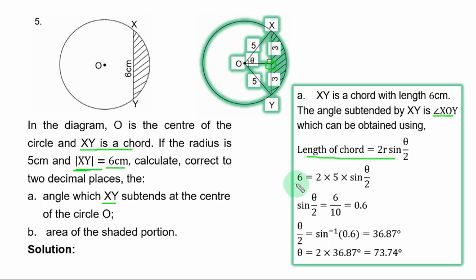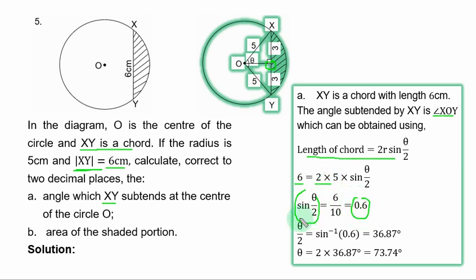Length of chord, 6, is equal to 2 times 5, where 5 is the radius, times sine theta over 2. If you make sine theta over 2 the subject, you have to divide 6 by 10, because 2 times 5 is 10. So you have 0.6.